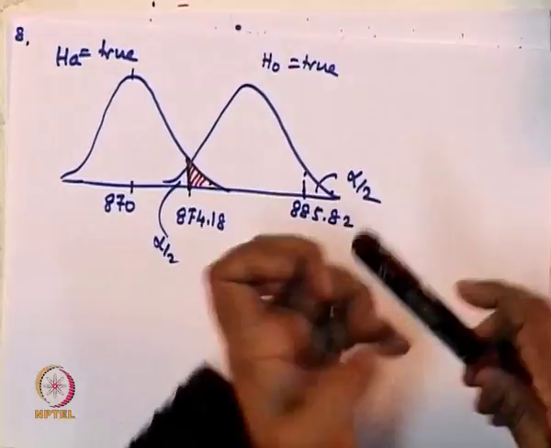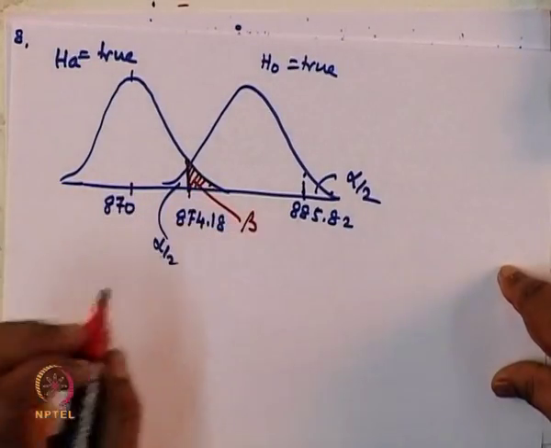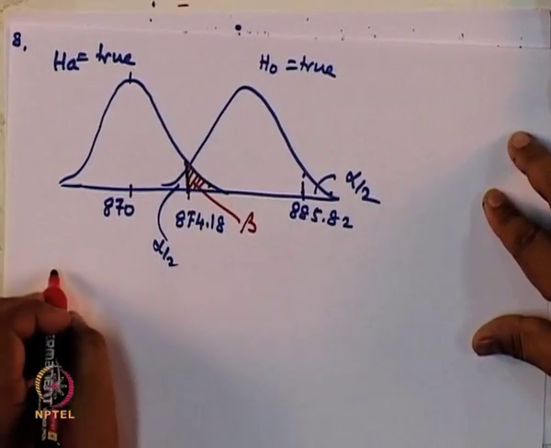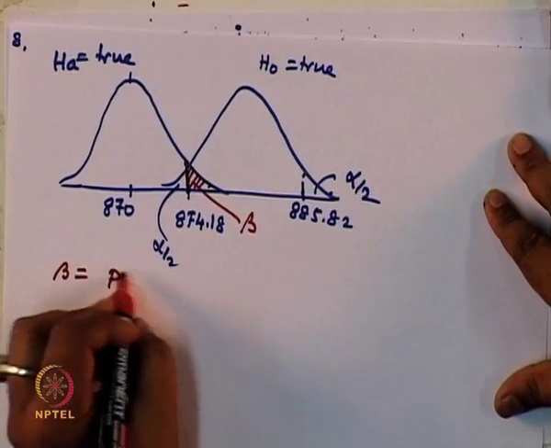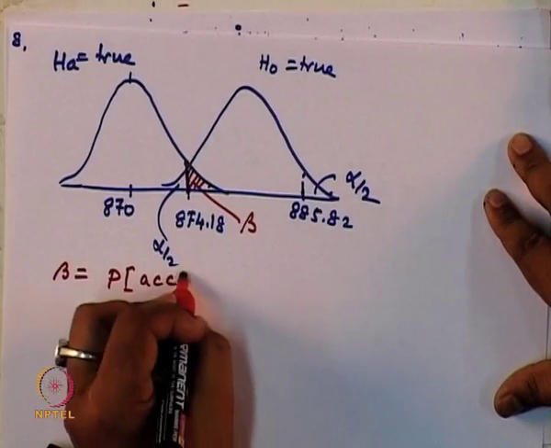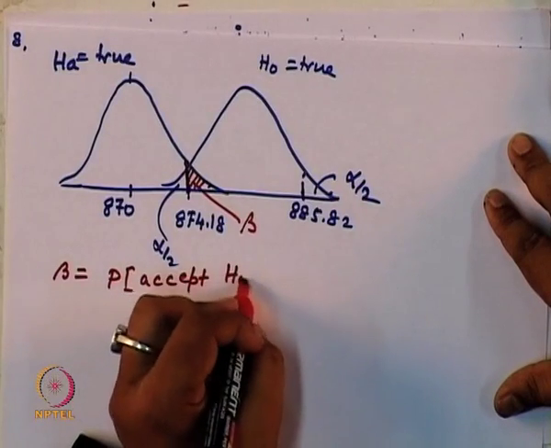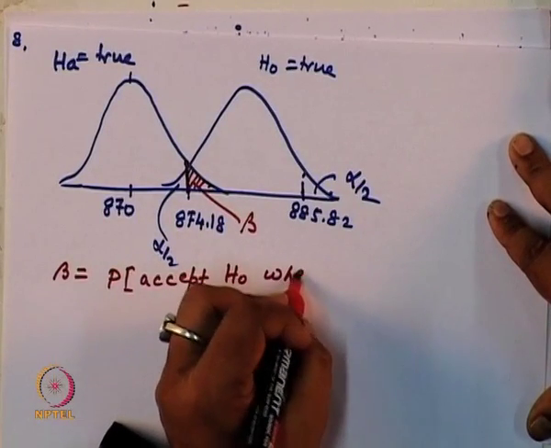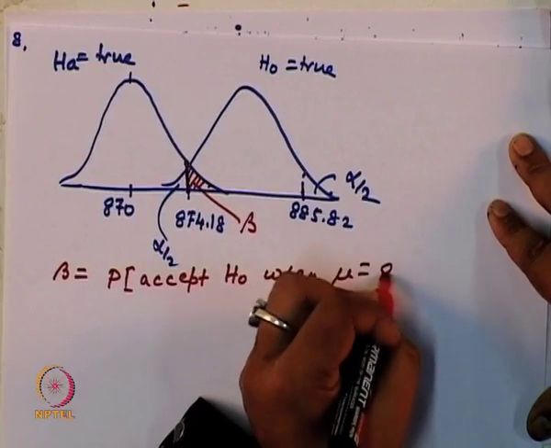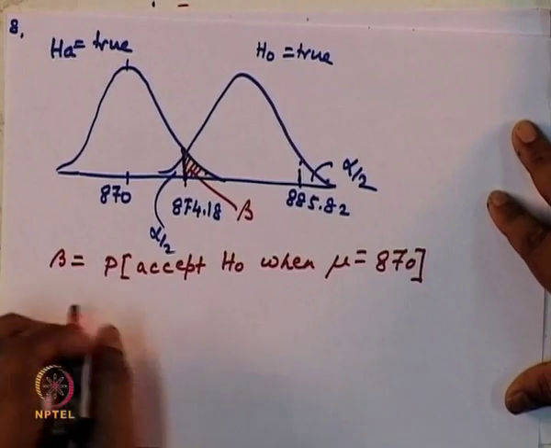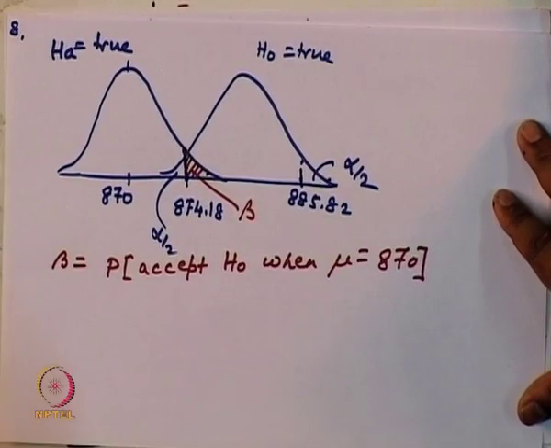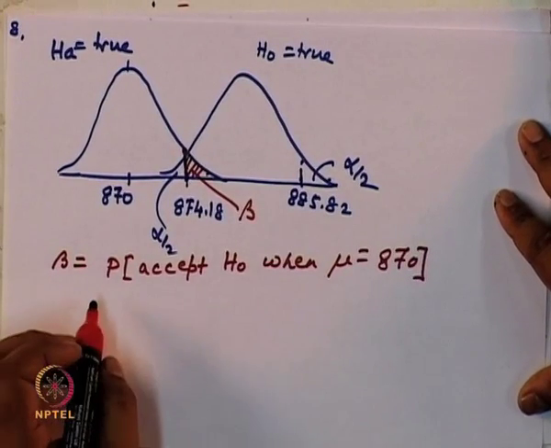This has to be beta. Why? Because beta is the probability of accepting H naught when mu equals 870.